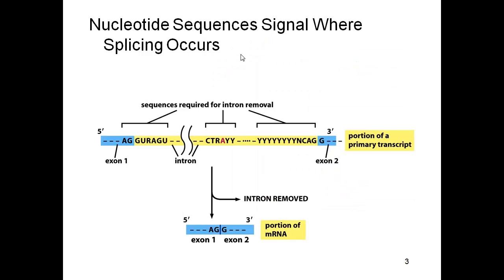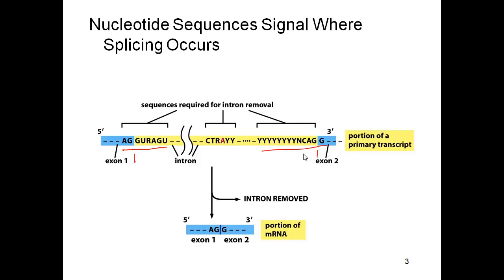Just like the sequences that help proteins recognize where transcription should start and stop, there are sequences that help other proteins and RNA molecules recognize the exon-intron boundaries and where there should be a splicing event. Here there is an 8 base pair sequence at the 5' end of an intron and a 13 base pair sequence at the 3' end of the intron that indicates where splicing should occur.